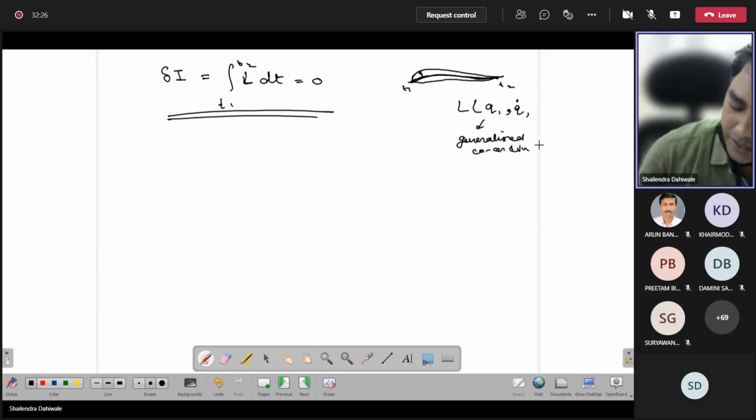We have already defined generalized coordinates: the number of coordinates required to completely specify your system. These are generalized velocities, and then you have a time parameter.